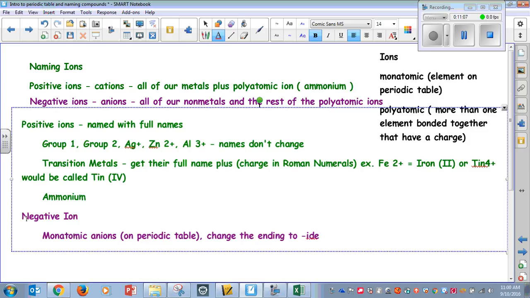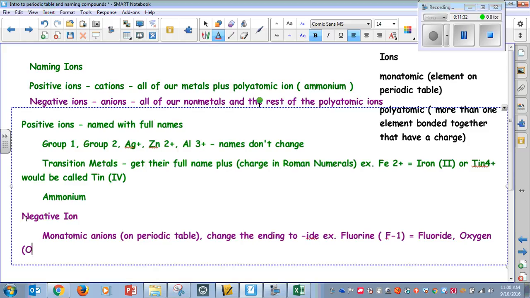For example, fluorine, which would be F -1, becomes fluoride. Oxygen, which is O with a 2 negative charge, becomes oxide.